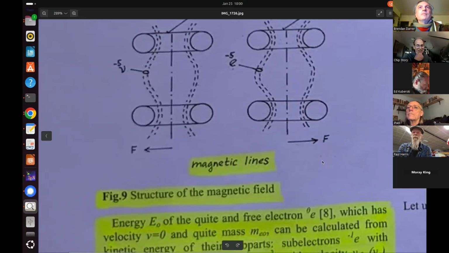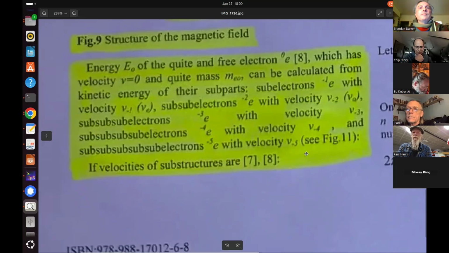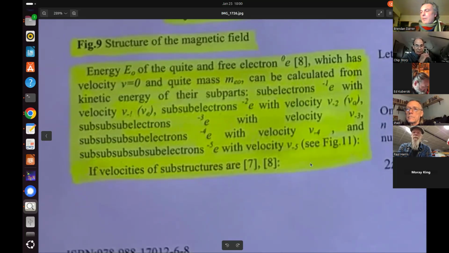All right, so highlighted again after the structure of the electromagnetic field, the energy E sub 0 of the quiet and free electron, which has velocity v equals 0 and a quiet mass, m sub E0, can be calculated from the kinetic energy of their subparts.